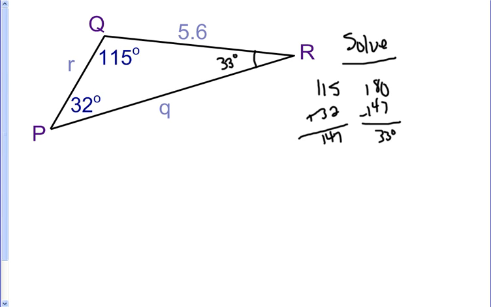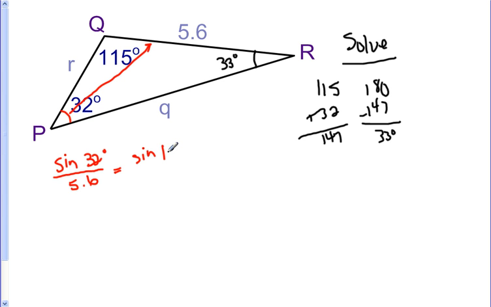So now we're going to use the law of sines. I'll switch to red. With the law of sines, we'll do sine of P, which is 32 degrees, over p, which is 5.6. You're always doing the sine of an angle over its opposite side. Then we'll do equals, and it really doesn't matter which angle we use here. We'll do 115, but if you wanted to do 33, it really doesn't matter in this case because we have both angles.